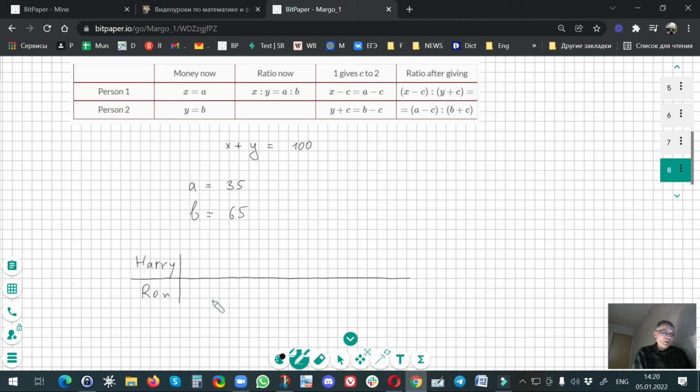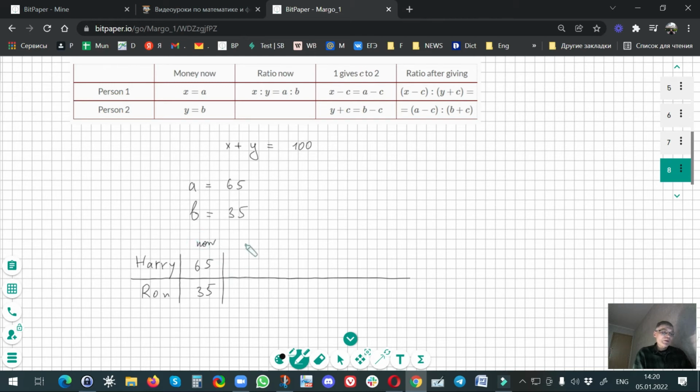Harry was richer than Ron, I remember that. So let us change like this. Harry has 65 and Ron has 35. What ratio does it give us?